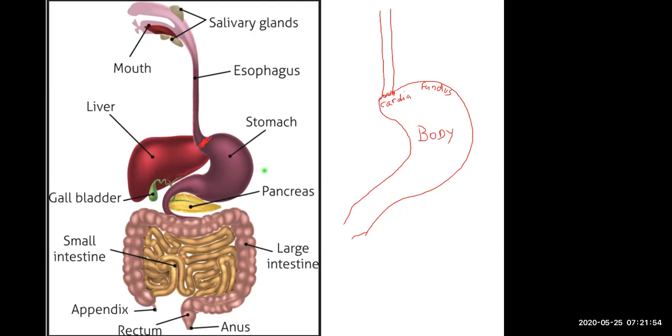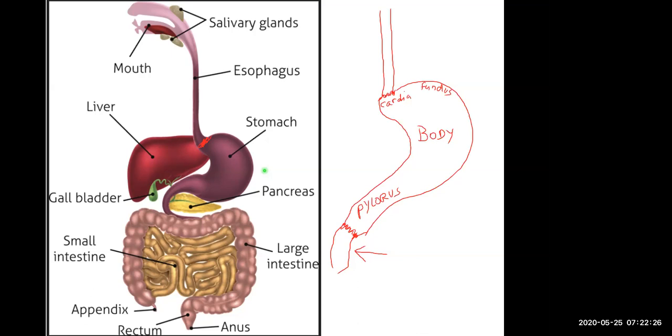And then the end of the stomach is an area called the pylorus. Okay, so those are the 4 primary regions of the stomach. And then when the pylorus ends, there is a sphincter, and that leads out into the first part of our small intestine. So you've got a sphincter right there that is going to control the rate of passage of things leaving the pylorus and entering into the small intestine.